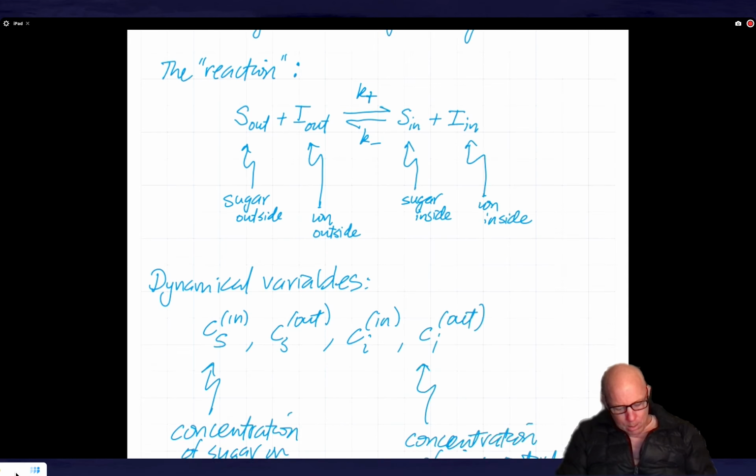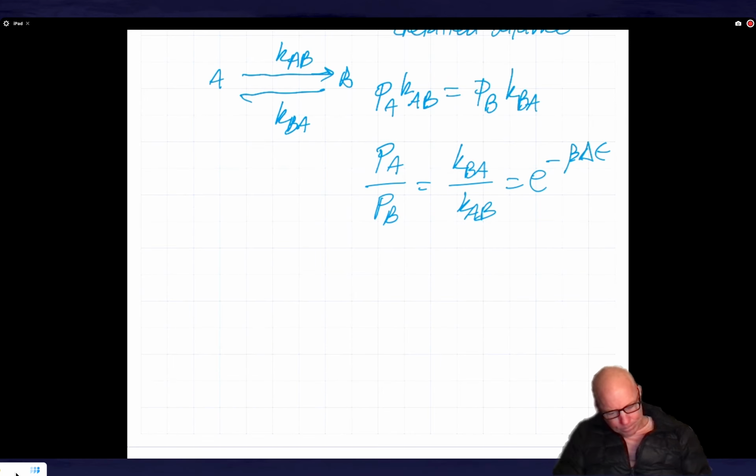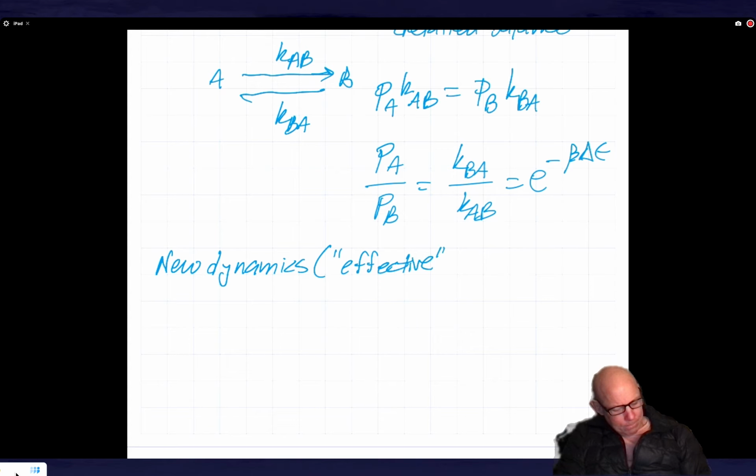So, for our purposes, what this means is that there's a new dynamics, and I'm going to call it an effective dynamics. And when I use the word effective, that comes from physics language.